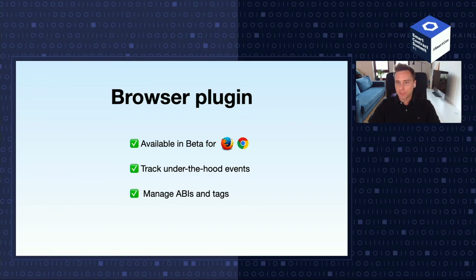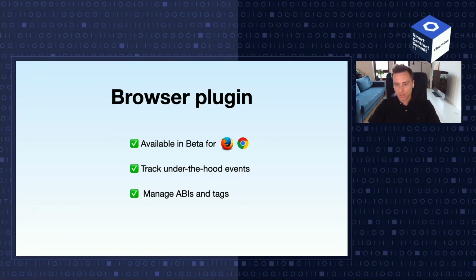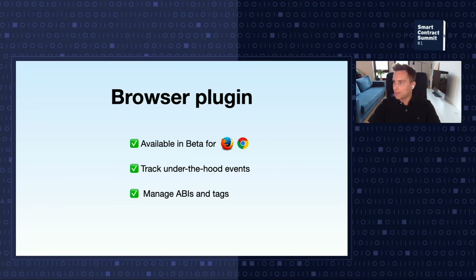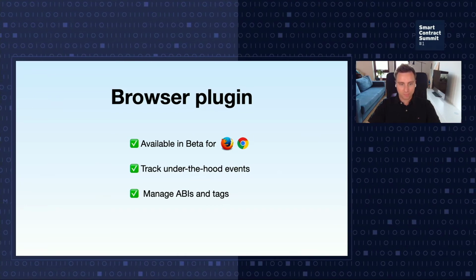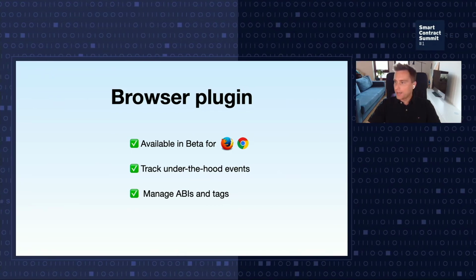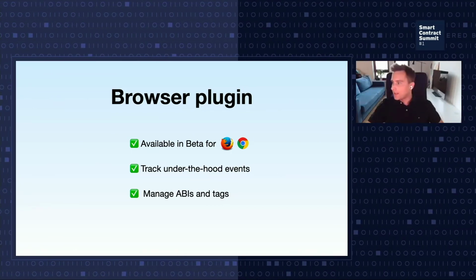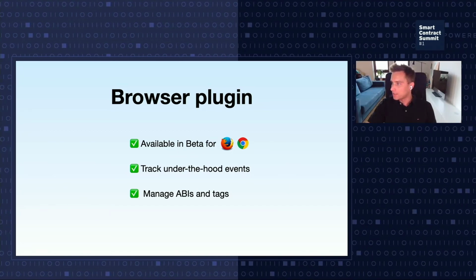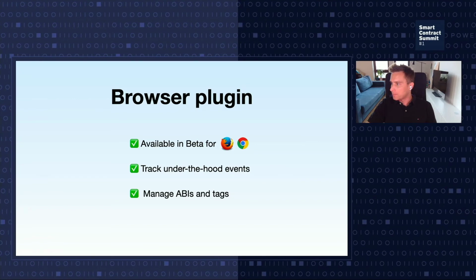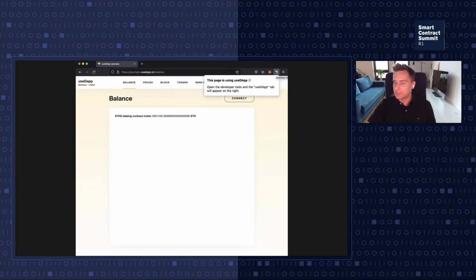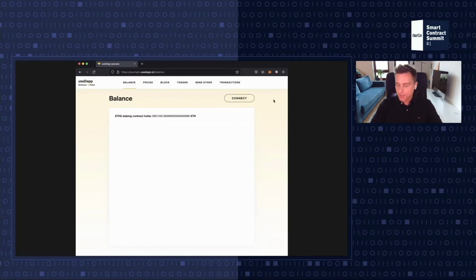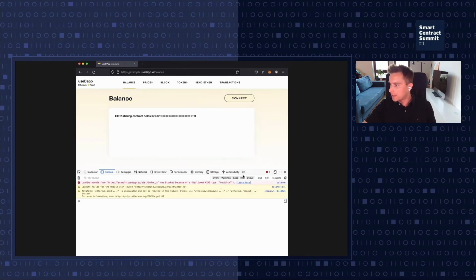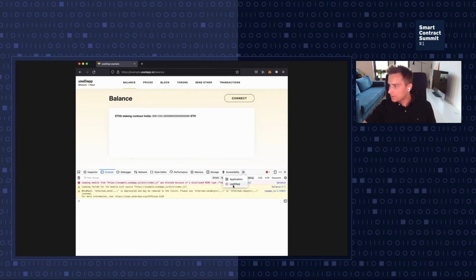And yeah, so maybe I'm going to share my screen just for a second and show you how it looks. So here I am in Firefox, and I am connected, and there's this useDApp thing installed over here. I go to developer tools, and I'm going to find useDApp here.